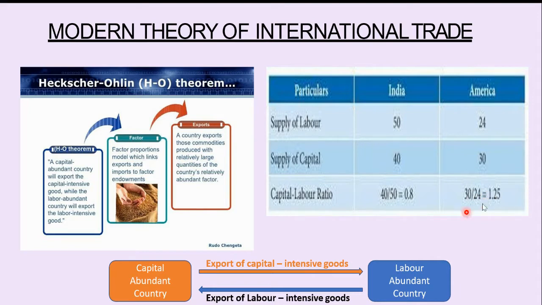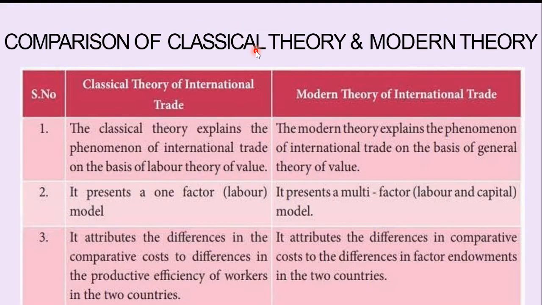So here you see the capital abundant country can export capital intensive goods. The labor abundant country will export labor intensive goods. This is the theory given by Heckscher and Ohlin, which is called the modern theory of international trade.